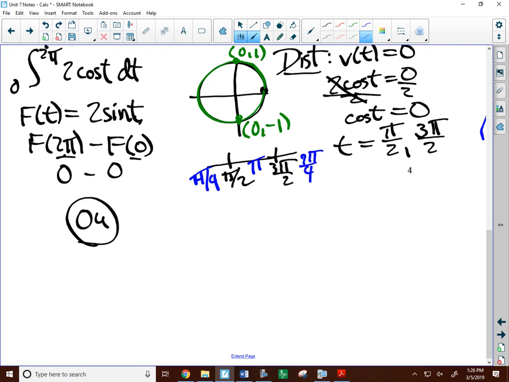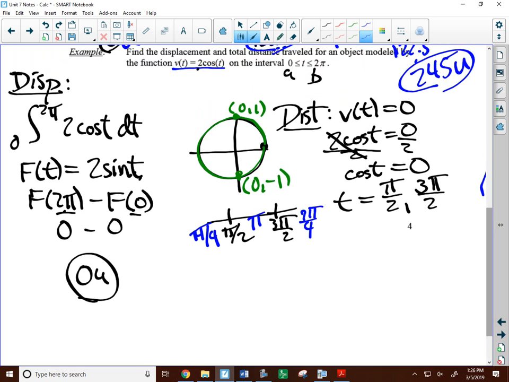I'm plugging them into the velocity function, which is just 2 cosine t. Let's start with pi. Cosine of pi is -1. So 2 times -1 will be -2.